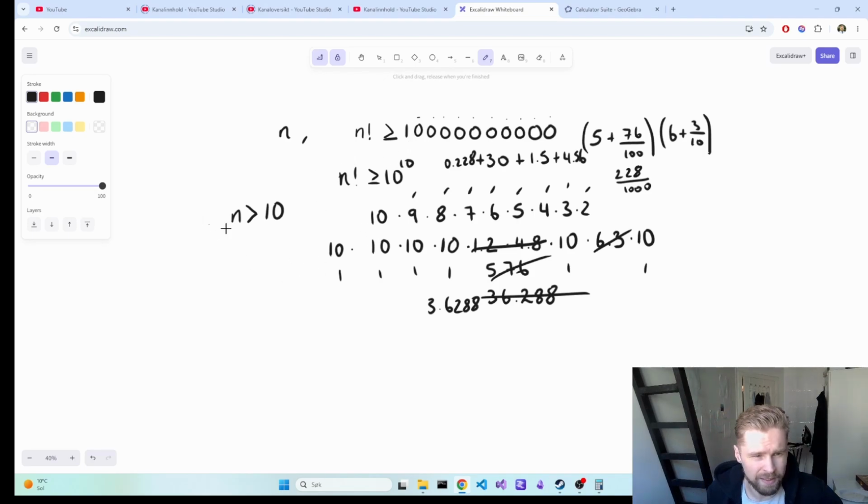All right, so that's 10. Now let me add on 11, right? Let me strip out a 10 from here, and then multiply all this by 1.1, right? 1, 2, 3, 4, 5, 6, 7.